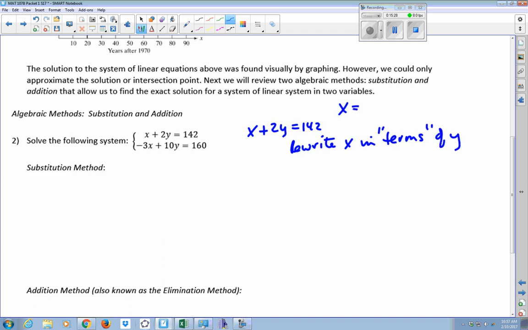You would get x equals 142 take away 2y. So now your system looks like this. You've taken that first equation and you've written it as an equivalent equation like that. And your second equation hasn't changed at all.